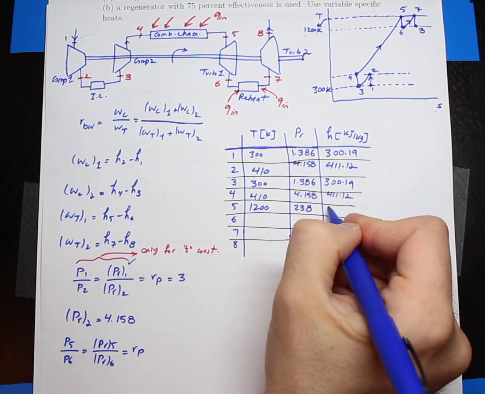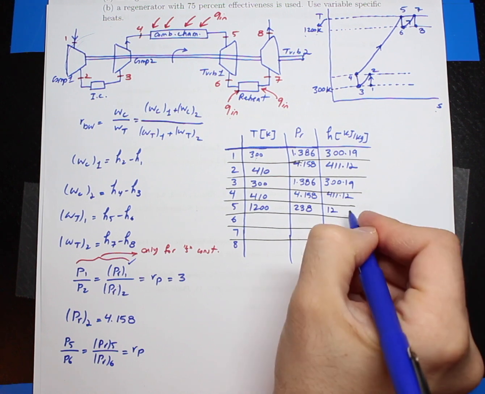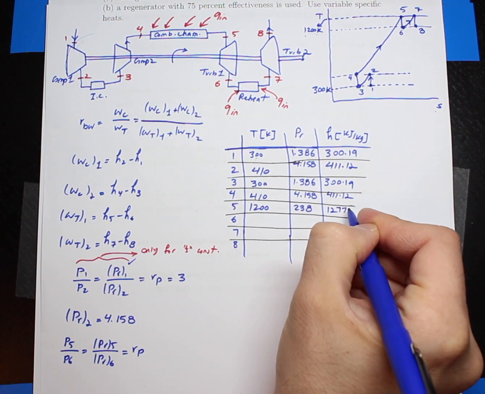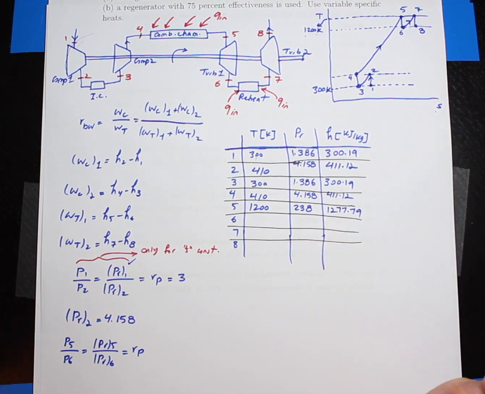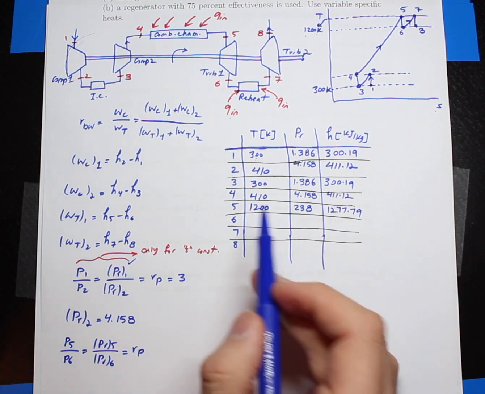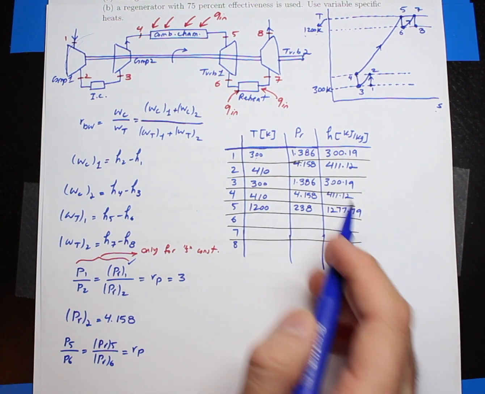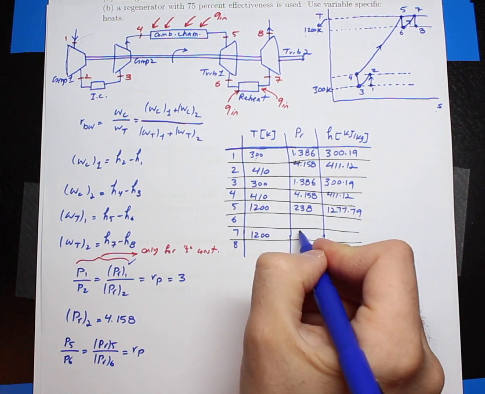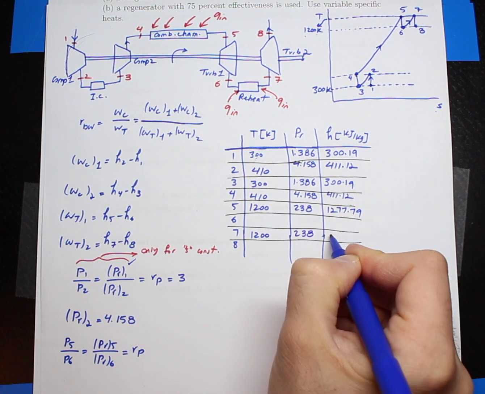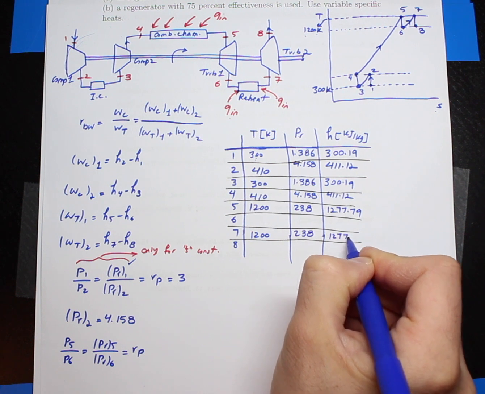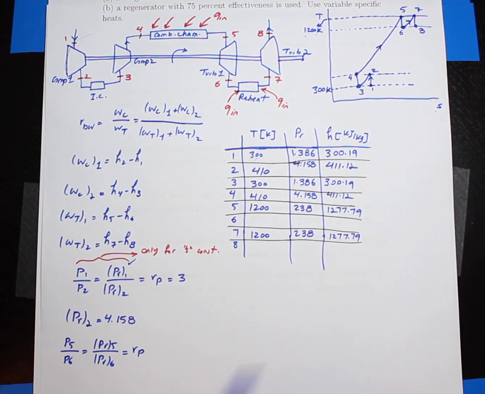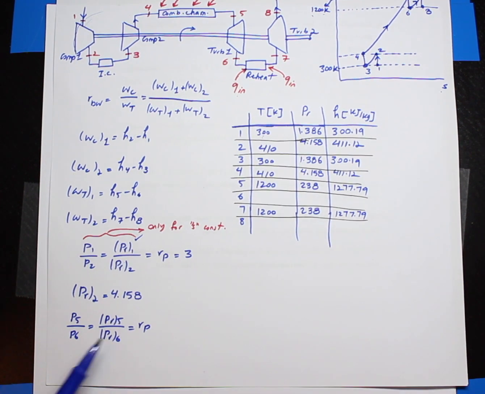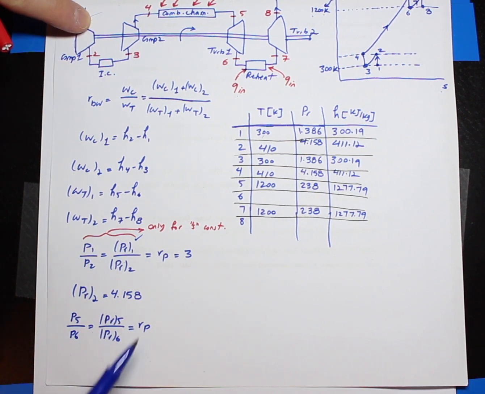Because I'm in the table, I can also read the H value, which is 1277.79. Okay, and by the way, exactly the same numbers apply to this row because points 5 and 7 are exactly the same. 1277.79.